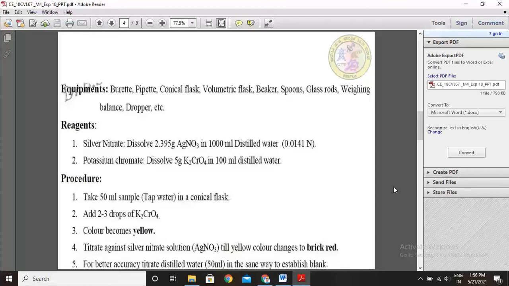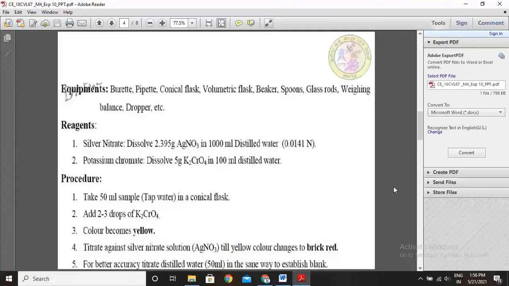Burettes, pipettes, conical flask, volumetric flask, beakers, spoons, glass rods, weighing balance, dropper, etc. Next, which reagents are required to conduct the experiment for the given samples?